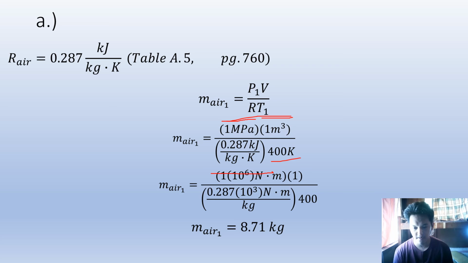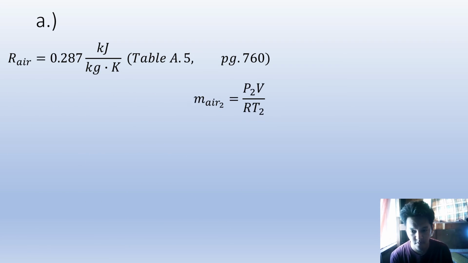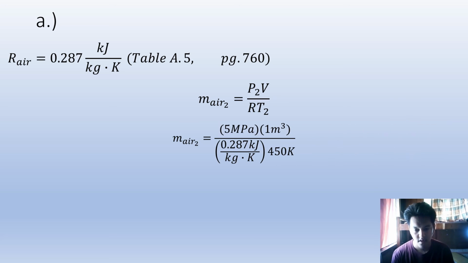So let's compute the mass in air 2. We have the same formula, which is mass of air 2 equals P2 times V over R times T2. We have the same formula but different given: 5 megapascal and the temperature is 450 Kelvin.